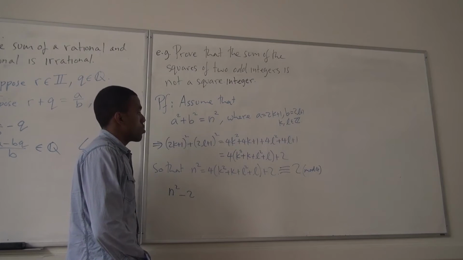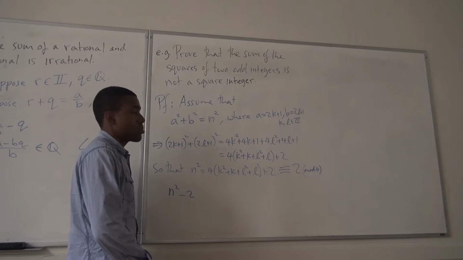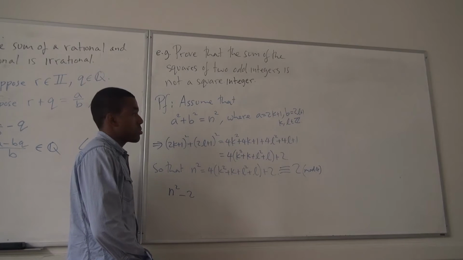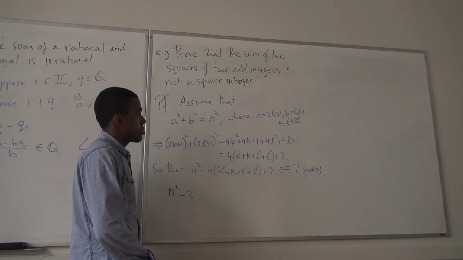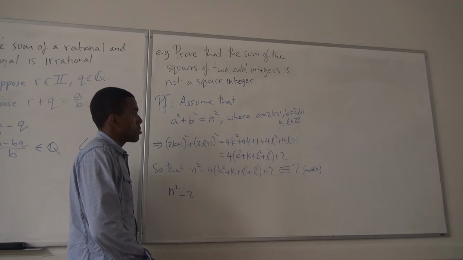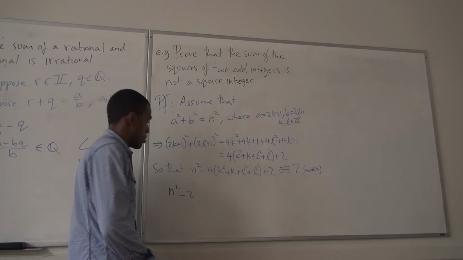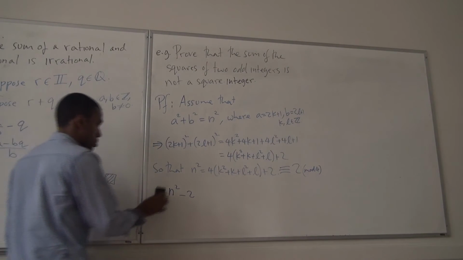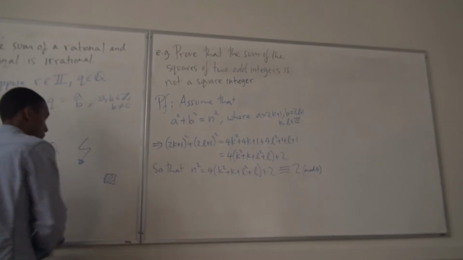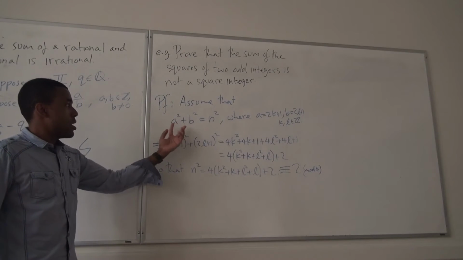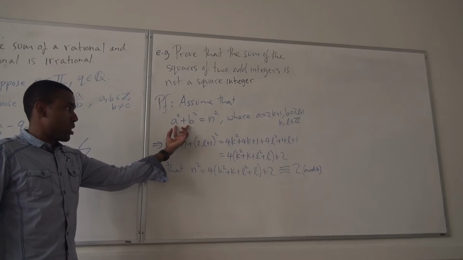So the right hand side also will have to be divisible by 4 evenly, with no remainder.